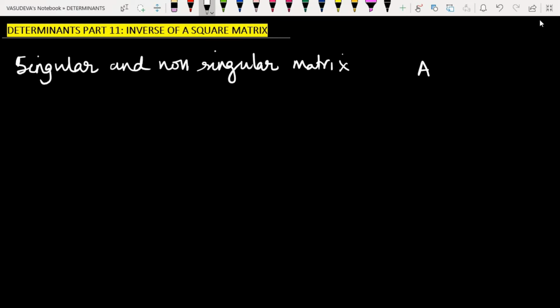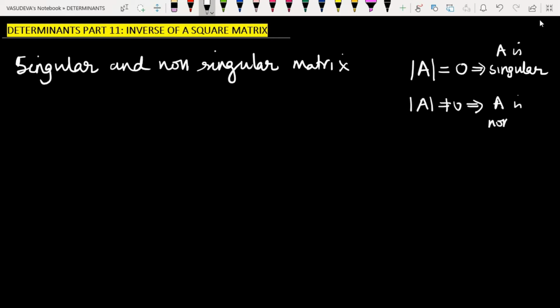This square matrix A is said to be singular if determinant of A is equal to 0. This is a singular matrix. If determinant of A is not equal to 0, then that implies matrix A is non-singular.